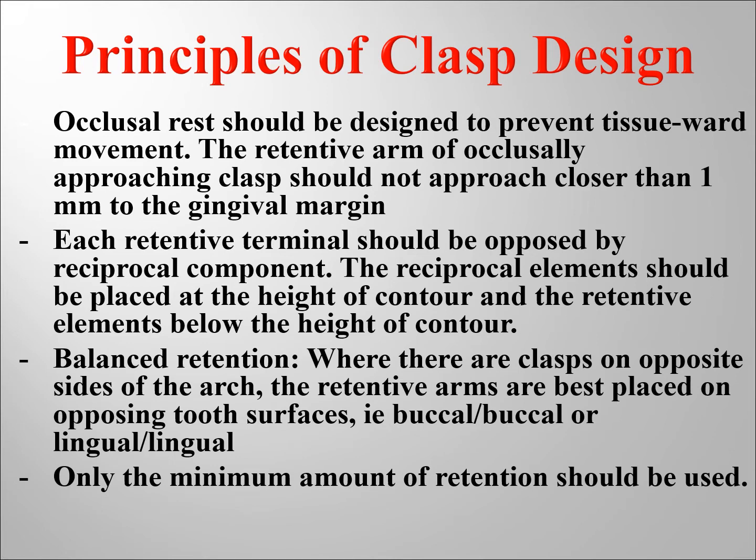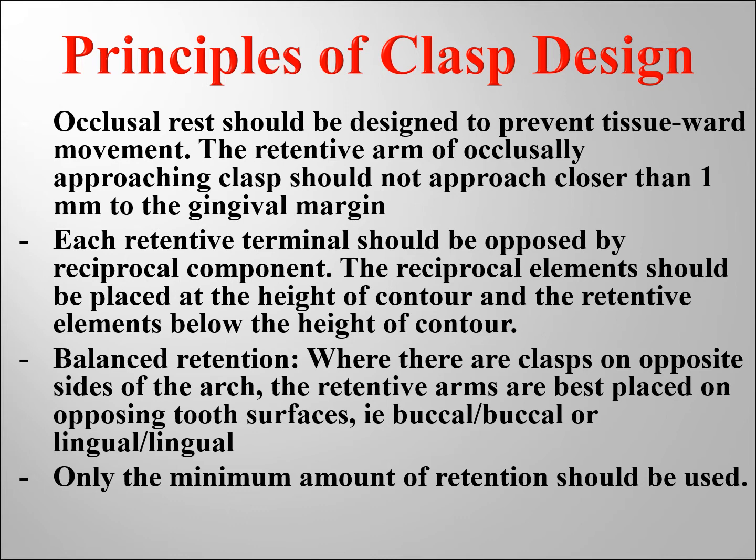All right, now one of the basic principles of the design of partial dentures is simplicity. So you have to use the minimum amount of retention or the minimum number of direct retainers to keep the denture in its place, but keeping the design simple.